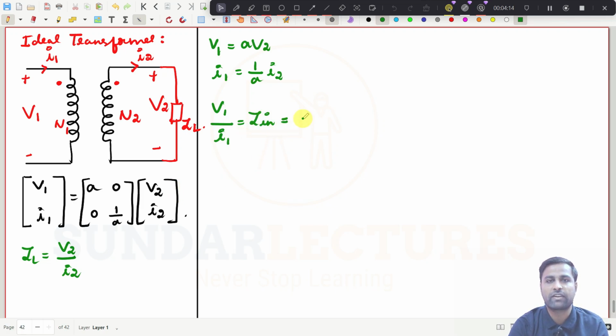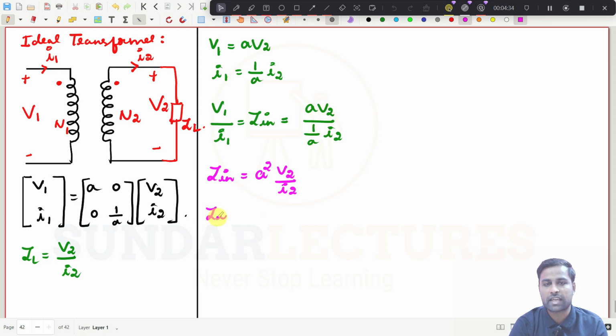That is equal to A into V2 divided by 1 by A into I2. So finally, Z input is A square into V2 divided by I2, and this is nothing but ZL. So Z input equals A square ZL.